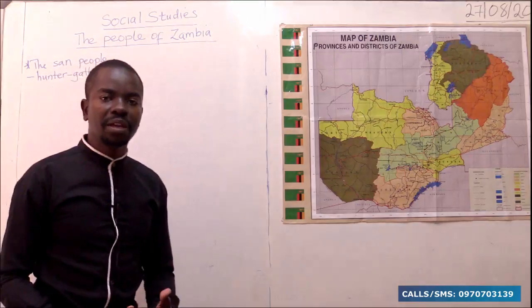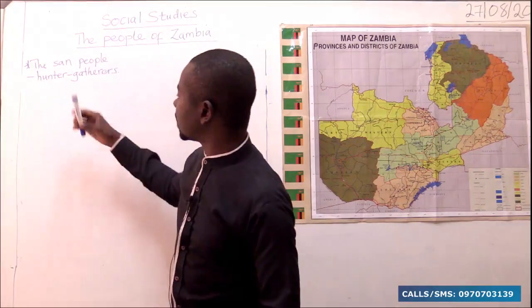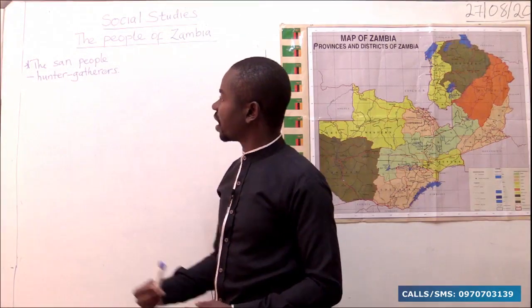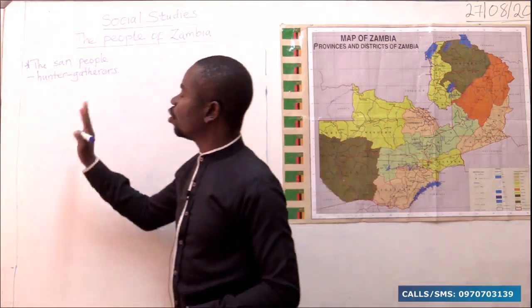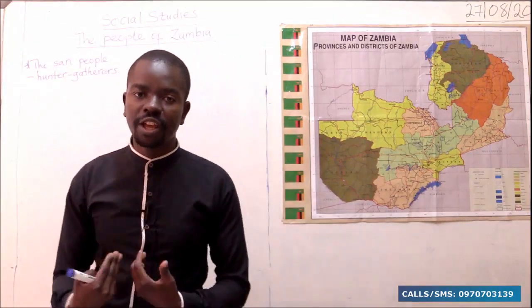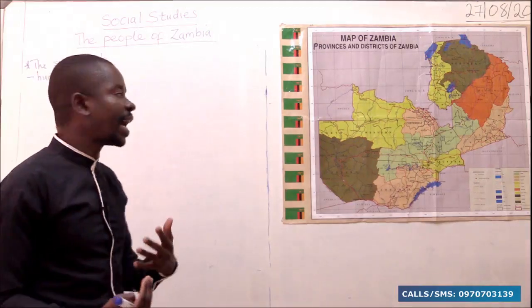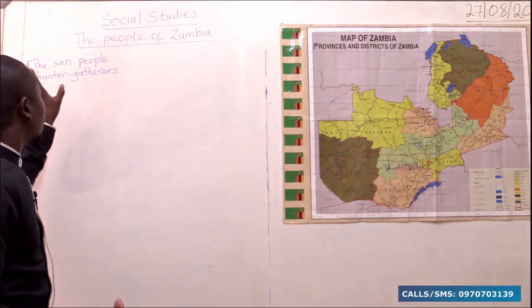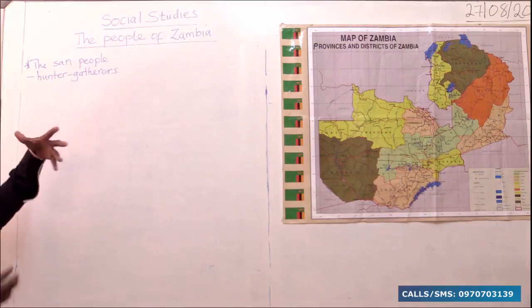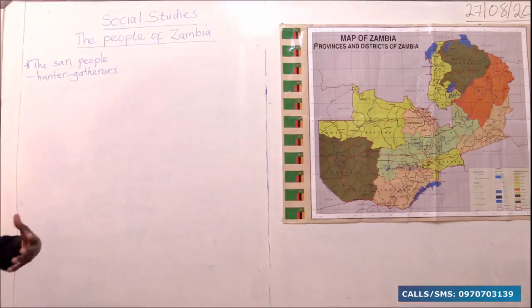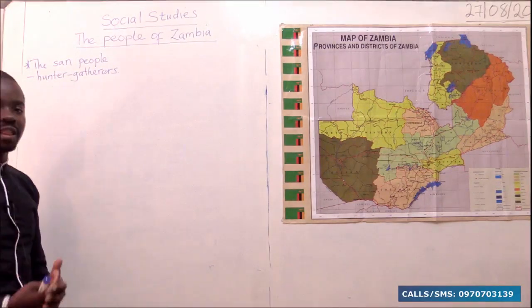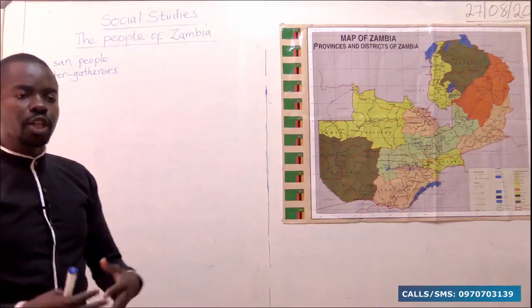What does it mean when we say they were hunter-gatherers? They were hunter-gatherers in the sense that they used to hunt animals, such as antelope, that are found in the bush, for food.